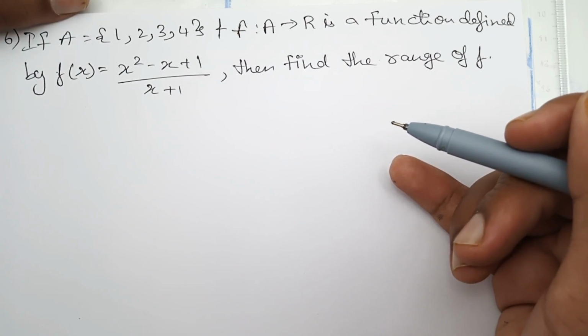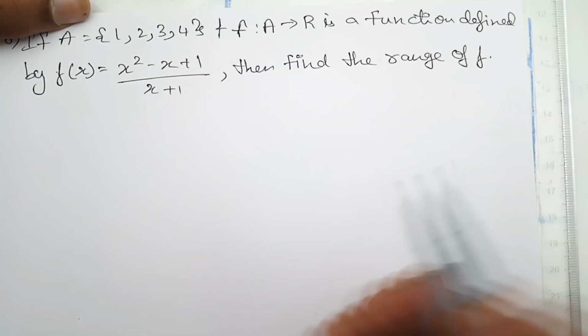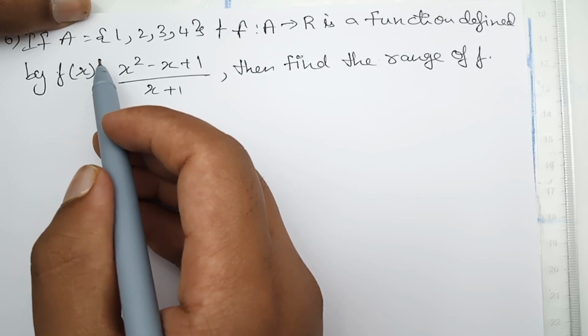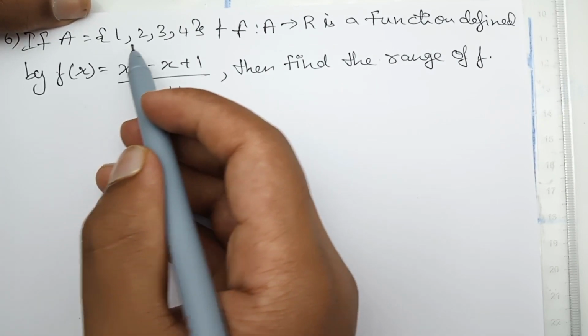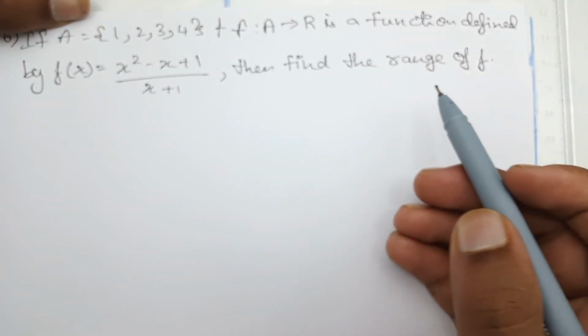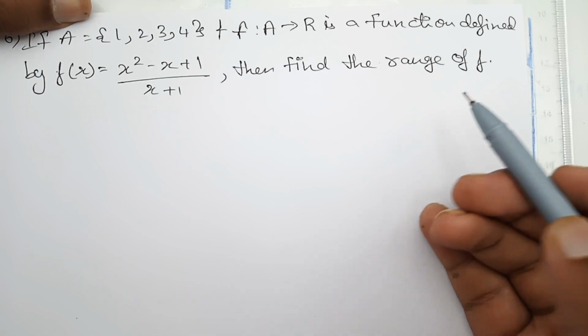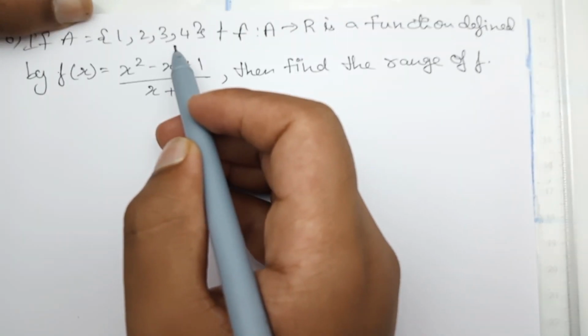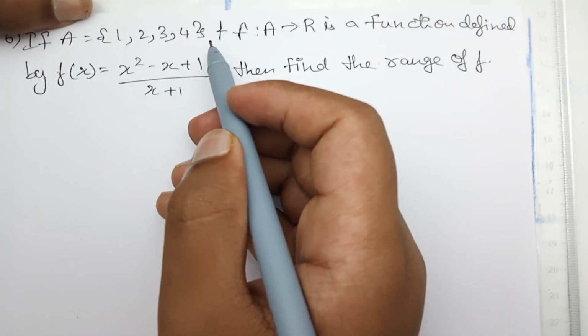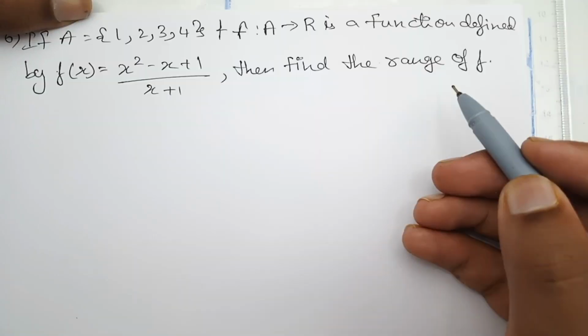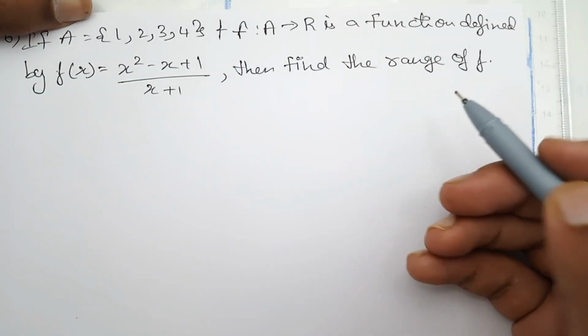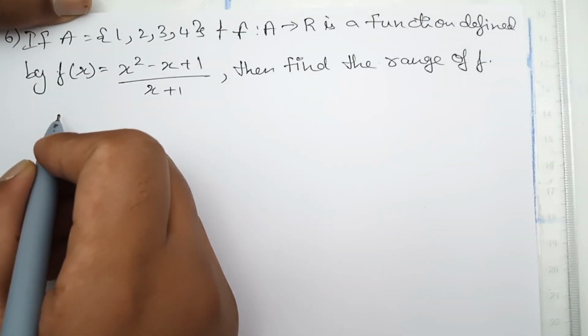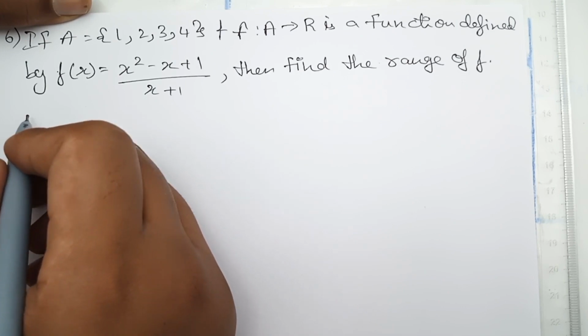To find the range, we have here the domain 1, 2, 3, 4 in a set. We should find the codomain. If there are 4 domains, there should be 4 codomains. If there are 4 codomains, it is the range. So we should find the codomain first to find out the range.